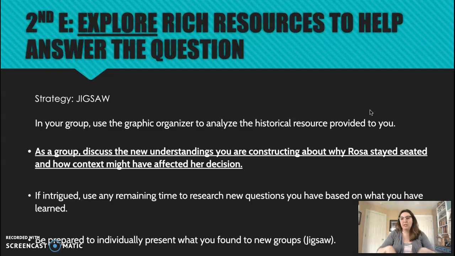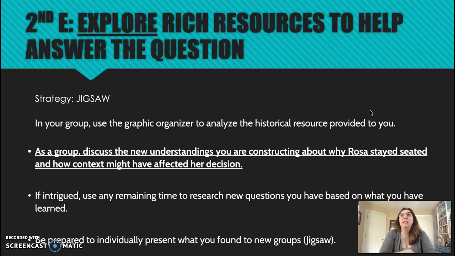And so then my students are broken up into groups, and they are each exploring primary documents, just like you guys have read about in your historical thinking reading. So one person is reading a letter from the first African-American staff member in the White House. Another person is reading a letter that someone wrote about the Highlander Folk School.